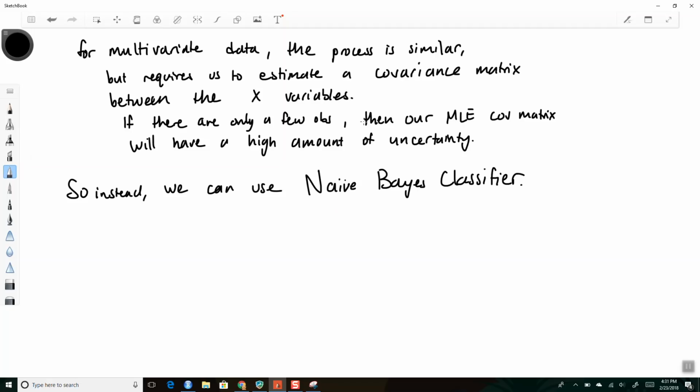Or maybe not even the correct model, just another model that might be better. What is the naive Bayes classifier? Basically, we're going to say that the different x variables are independent of each other. So the naive Bayes assumption, or the naive part, is that the x variables are assumed to be independent.